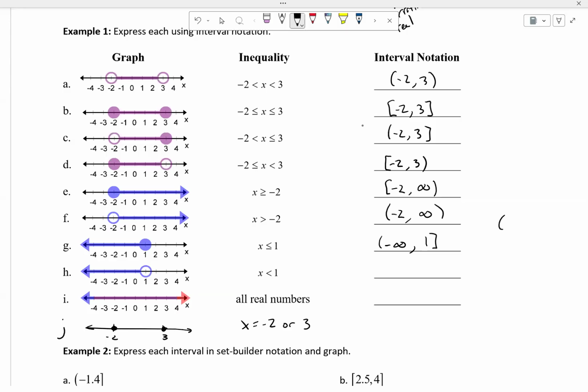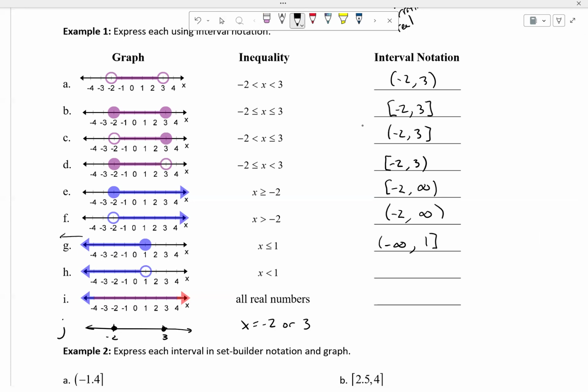If you try to do infinity, comma 1, what you're saying is that for some reason you're starting over there and going to the right, because it's just backwards. This is always numerical. It's got to be from negative infinity, from all the way over there, up to 1.